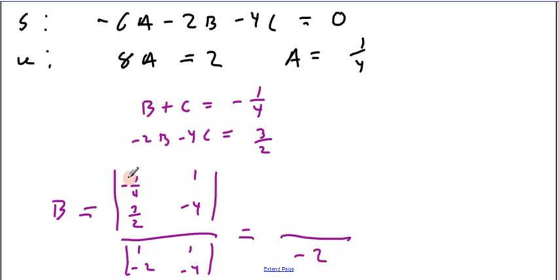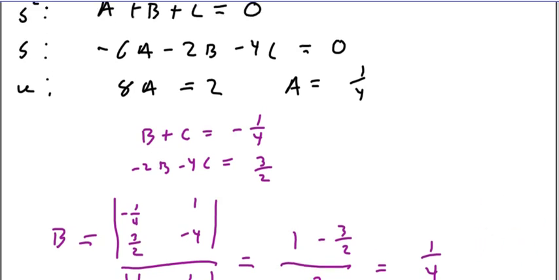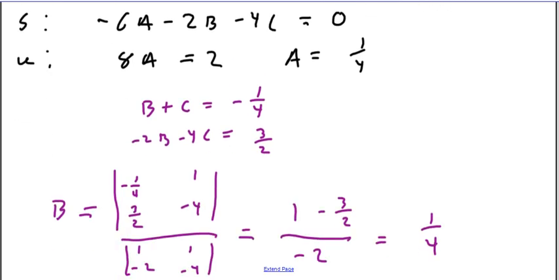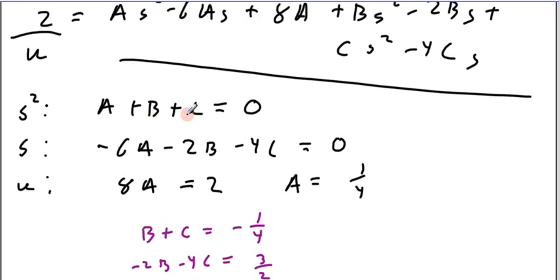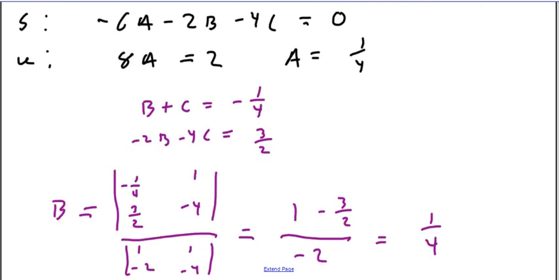I've got a 1 minus 3 over 2. So I got 1/2 divided by minus 2, which is going to be 1/4. So B is 1/4. So A is 1/4, B is 1/4, C has to be minus 1/2.